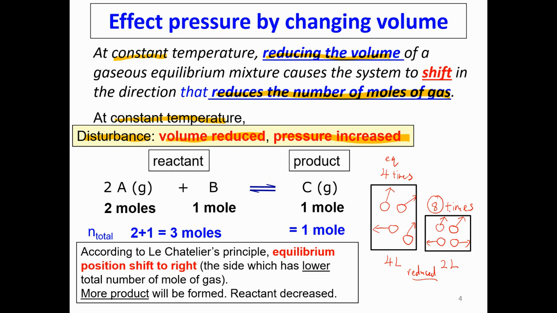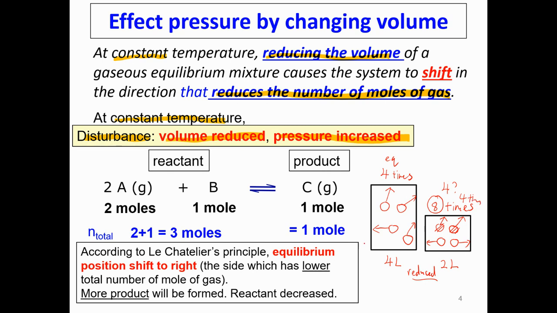So what do I need to do in order to maintain the pressure at 4 times only? I can reduce the number of molecules. Then I will get back 4 times.